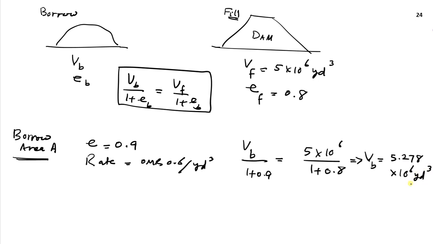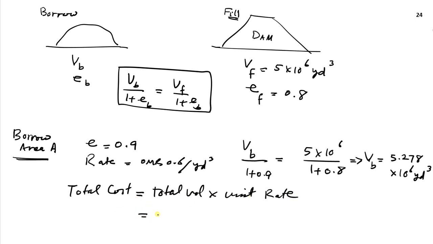Now we know the total volume that is needed for this project from borrow area A. So what will be the total cost? The total cost is going to be equal to total volume times the rate, what we call the unit rate, the rate for unit volume. The total volume is 5.278 into 10 raised power 6, and this unit, remember, is cubic yard.